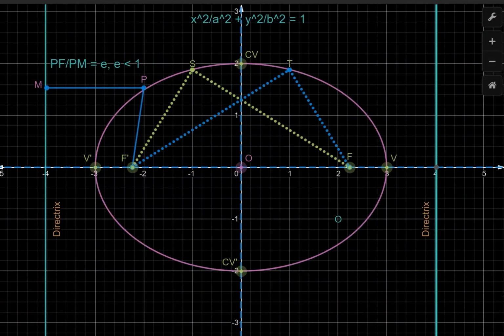Now let us try to make a mathematical model for the ellipse so that we can have an equation to work with. Ellipse is a conic section, as you know.